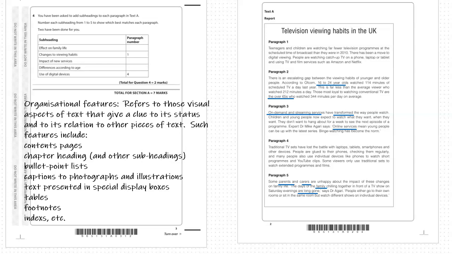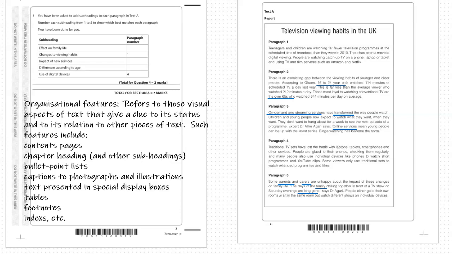Such features include content pages, chapter headings and other subheadings, bullet point lists, captions to photographs and illustrations, text presented in special display boxes, tables, footnotes, indexes, etc. So obviously the one that they're looking at here is chapter headings and other subheadings.